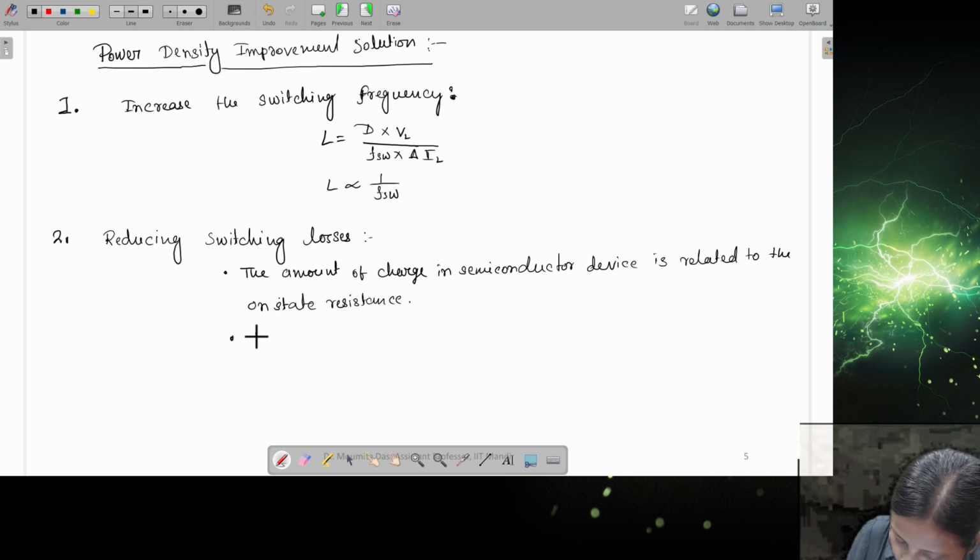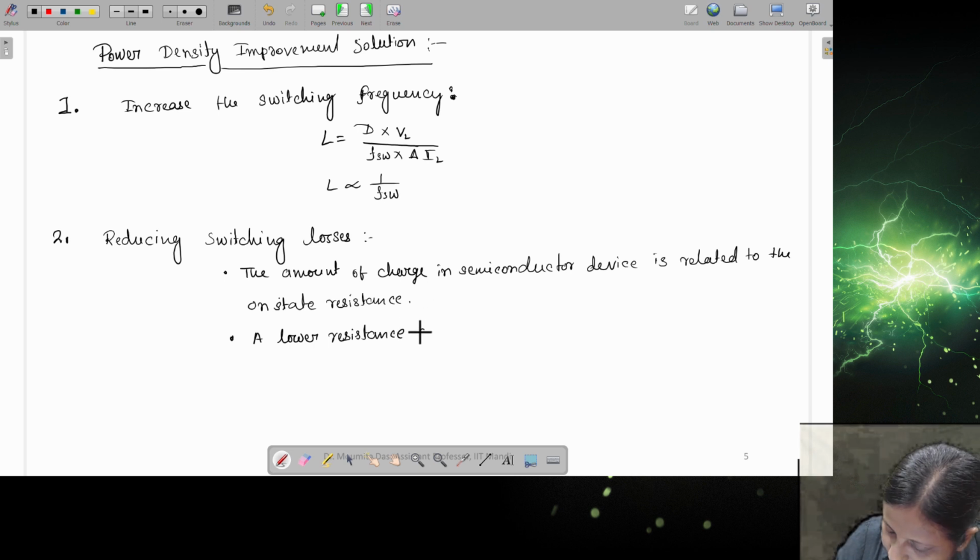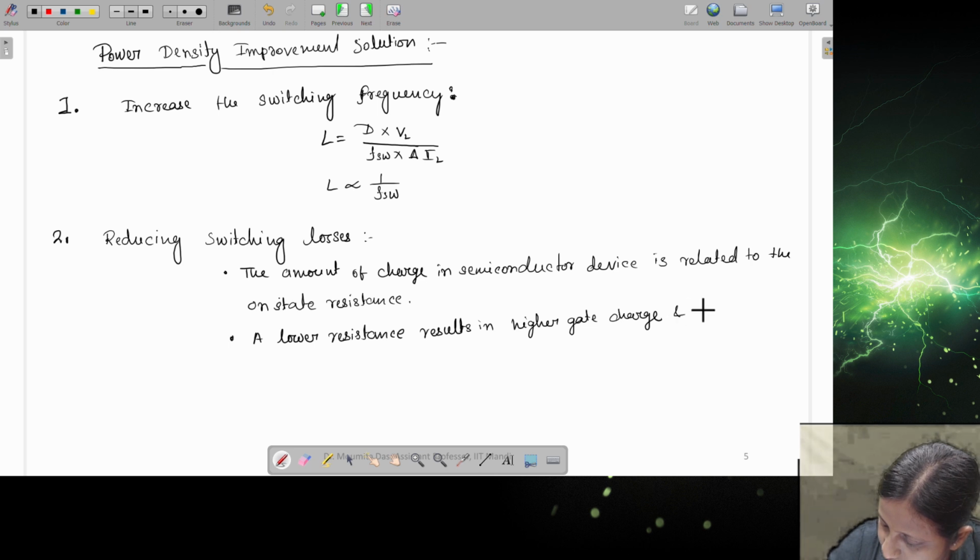So a lower resistance results in higher gate charge, right, and possible capacitances.